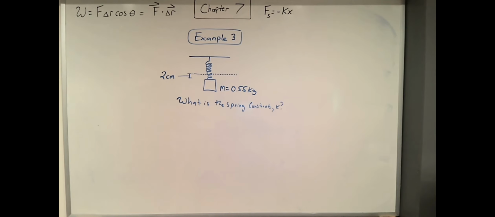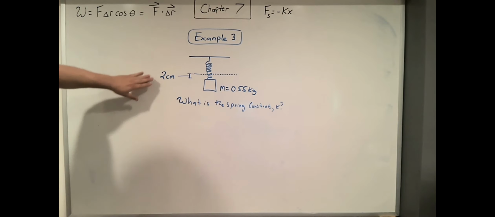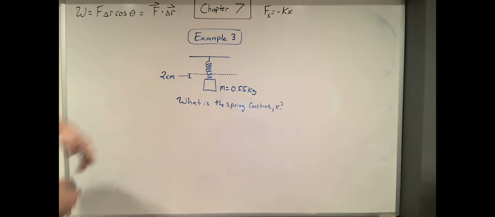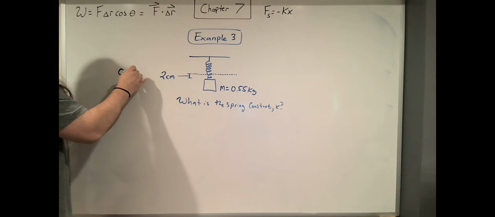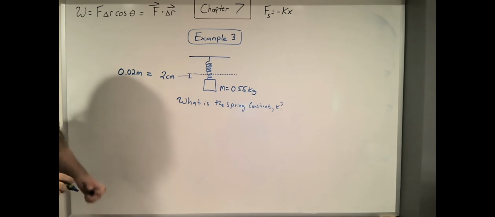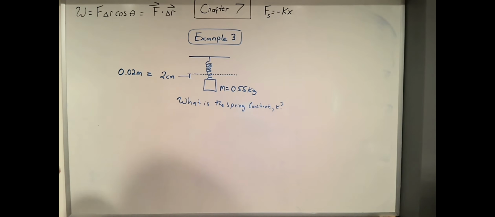Okay, so using our new equation there, we see that the force on the spring is equal to negative kx. So that's where we're getting our K from, is the kx. X I have, it's 2 centimeters, although it's not written in SI units. So I can go ahead and change that over to 0.02 meters. And then I have this mass hanging out.